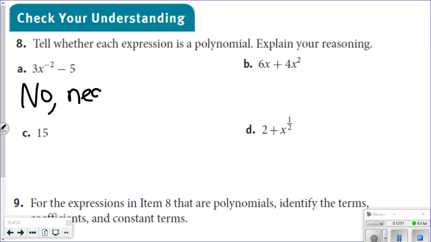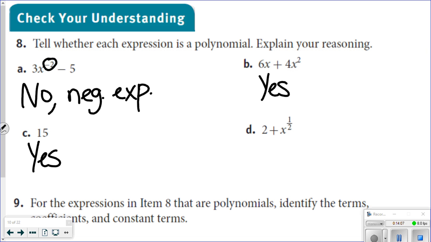Because there's a negative exponent. Right there. From our exponent rules, we can't have that. Letter B, yes, there's positive, they're whole numbers. Letter C, yes, even though it's a single number by itself, we still call this a polynomial. It's a constant term. Letter D would be no because of the fraction.